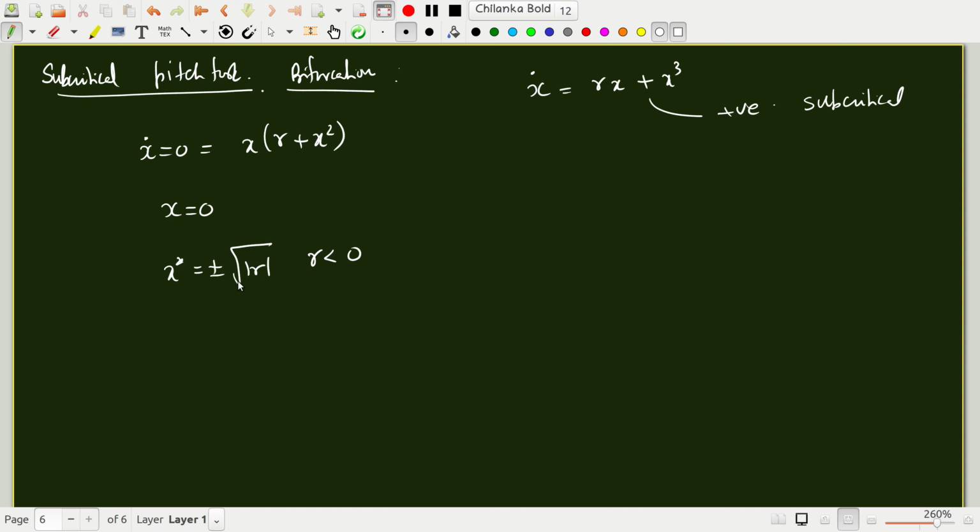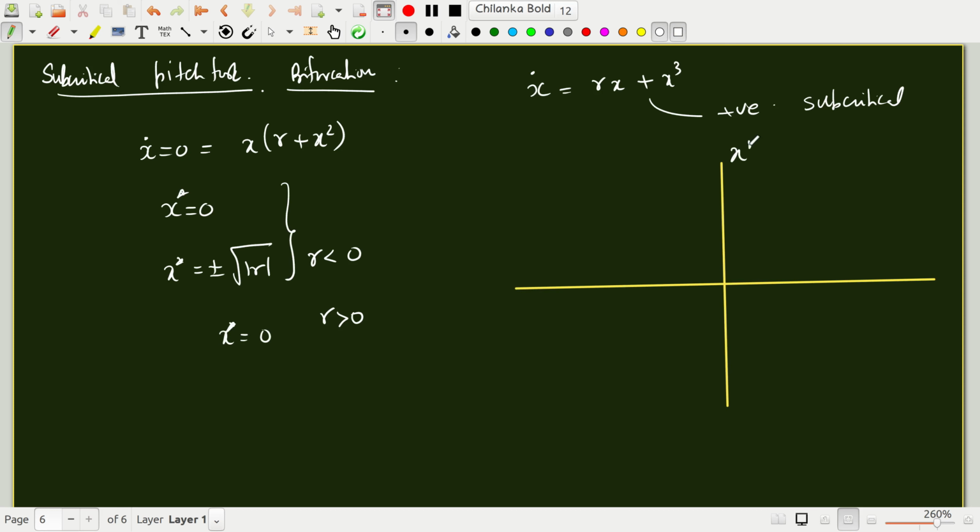Okay, r is negative. When r is positive, there is only one solution, x star is 0.